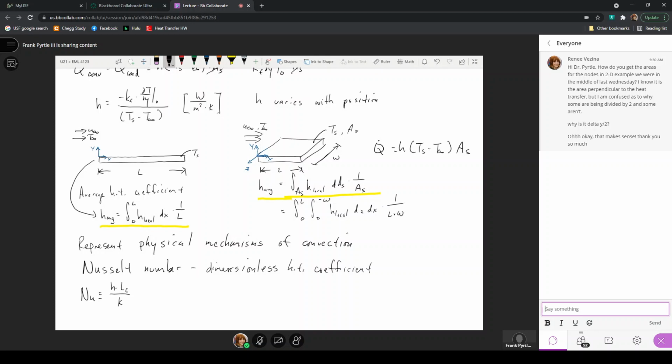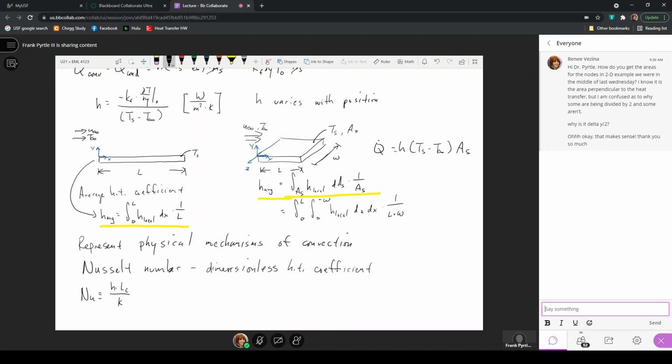Now, if you recall from chapter 4, when we were using lumped capacitance for transient analysis of temperatures in objects where we could consider the temperature to be uniform, we had a definition of the Biot number as the heat transfer coefficient times the characteristic length, which we defined as the volume divided by the surface area, divided by the thermal conductivity.